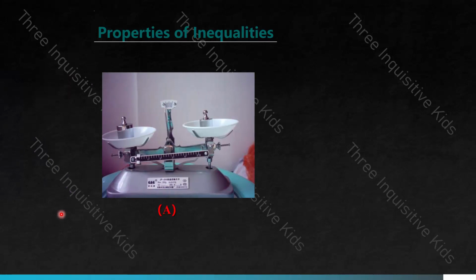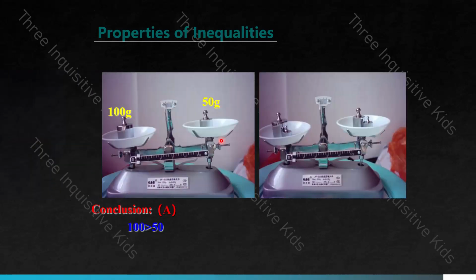This is Exhibit A. The weight on the left is 100 grams, and the weight on the right is 50 grams. Our conclusion from Exhibit A is that 100 is greater than 50.